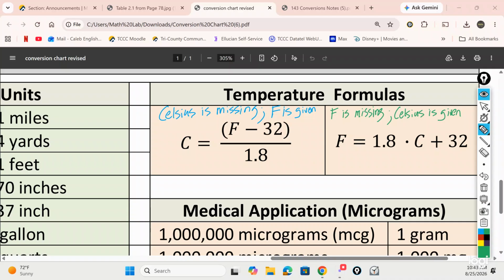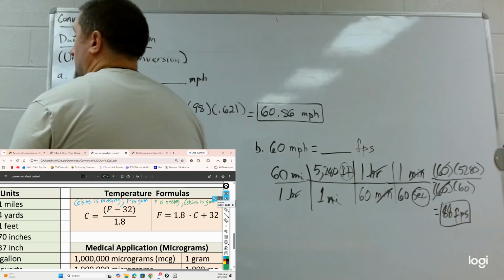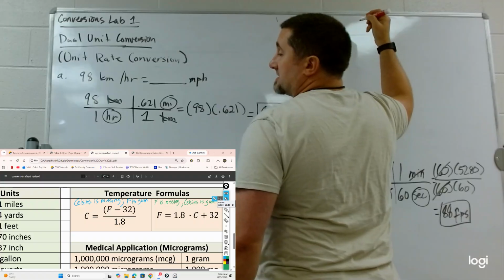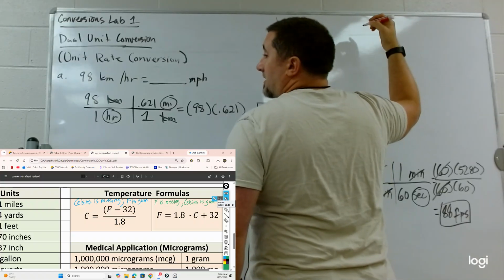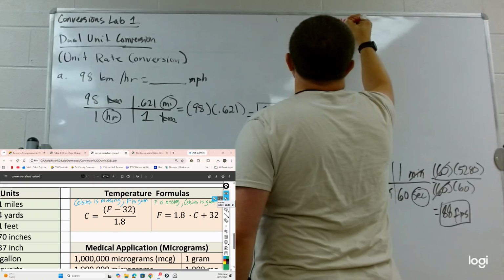Let's say I'll put this on the board. So let's say that you use the wrong formula. Let's say someone said it's 30 degrees Celsius in Australia in January. What is that in Fahrenheit? So we'll call this an example.